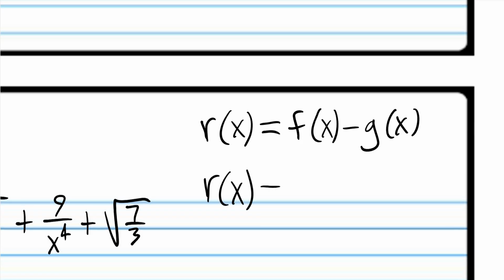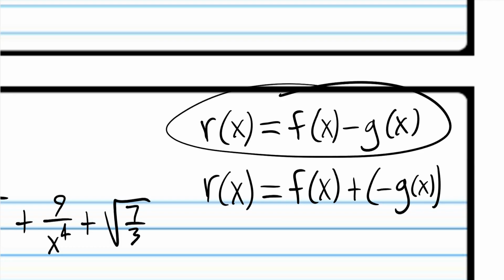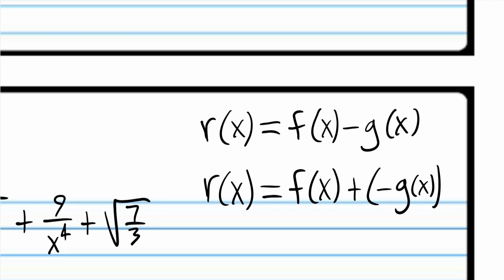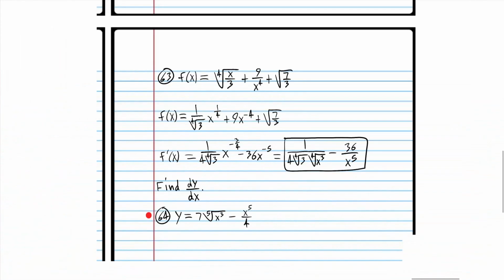Isn't it true that you can consider it to be adding a negative expression? So rule number 5 is just the same as rule number 4. You're just adding a negative expression, so it's not really much different.